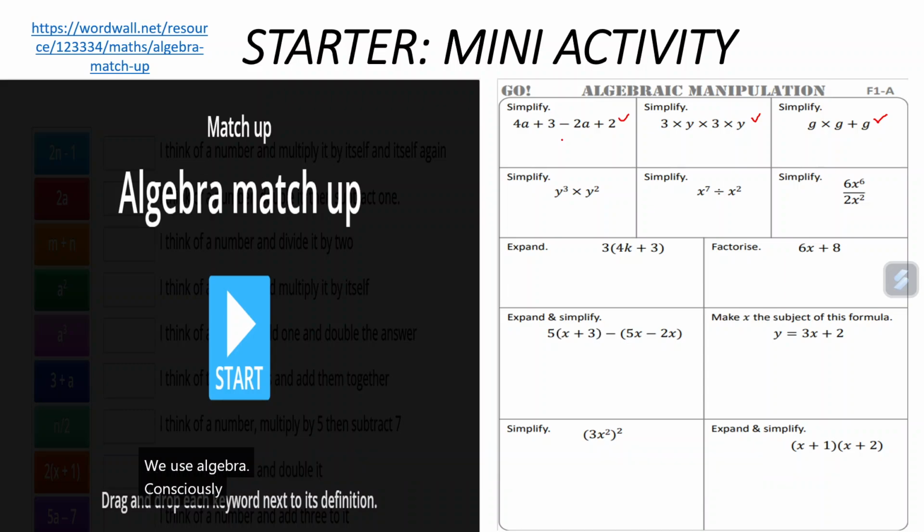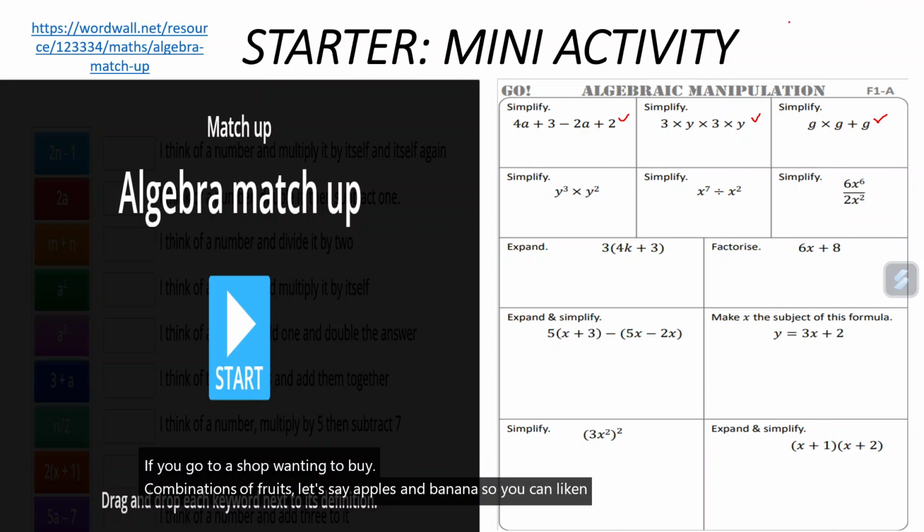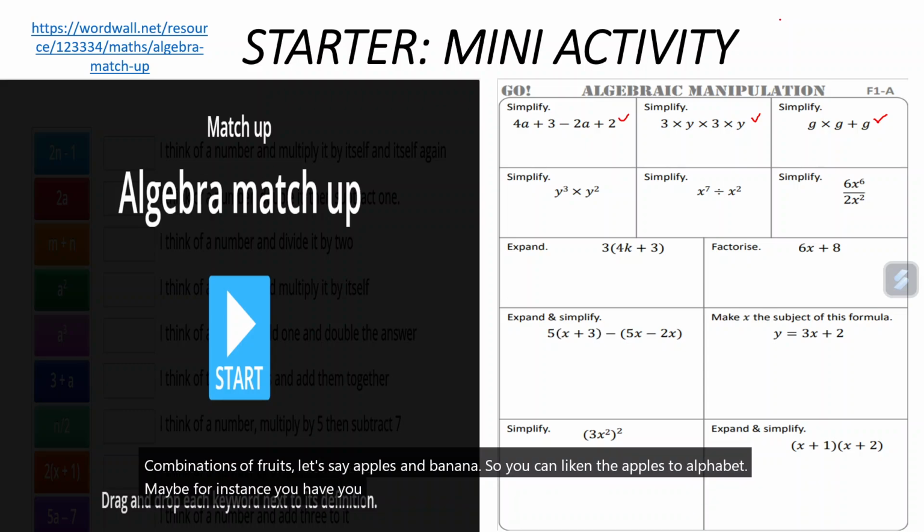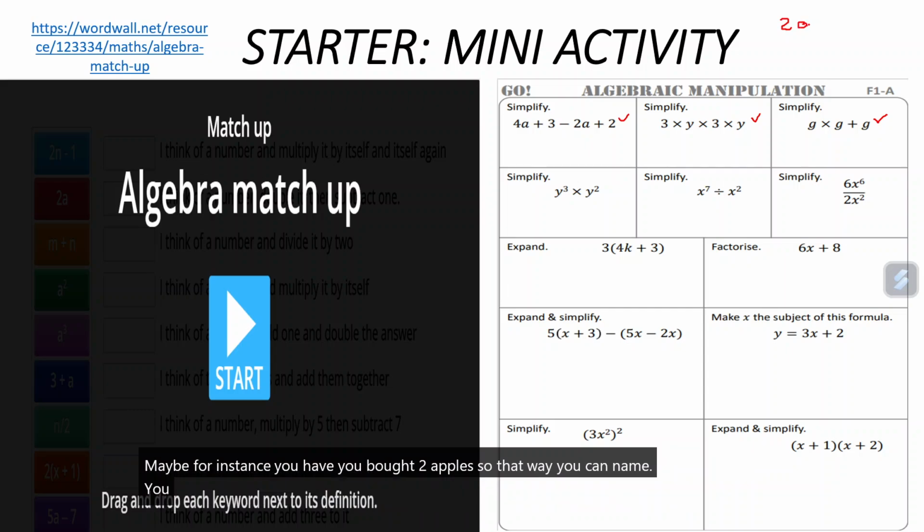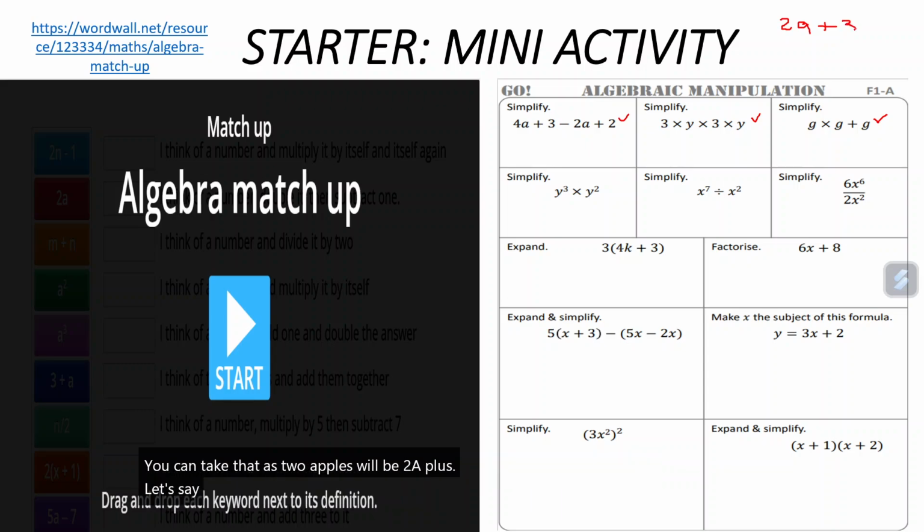Take, for instance, if you go to a shop wanting to buy combinations of fruits, let's say apples and bananas. You can liken the apples to alphabets. Maybe you bought two apples, so you can take that as 2A, plus, let's say, three bananas.